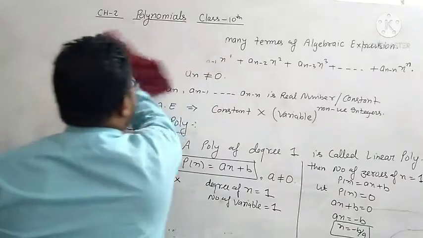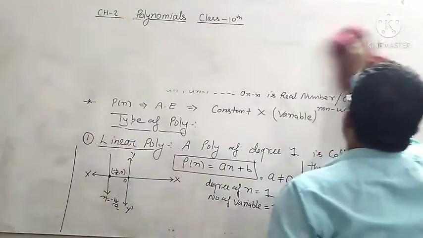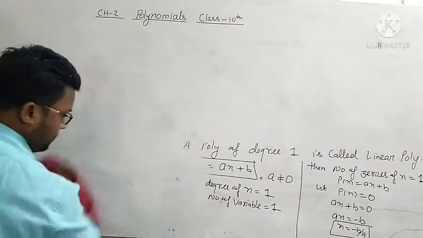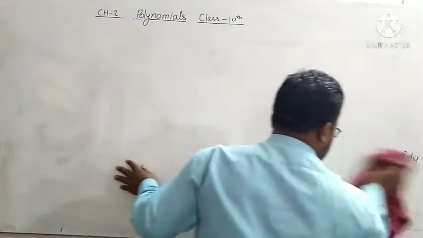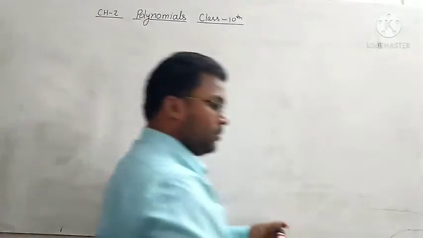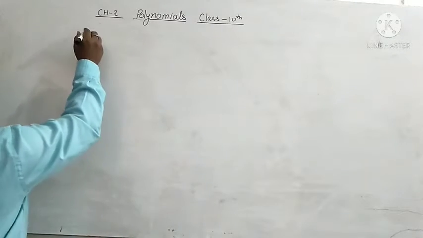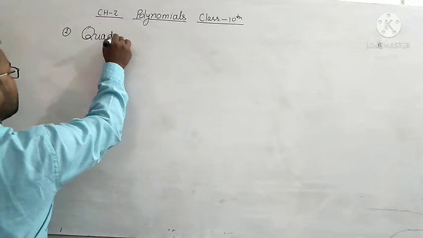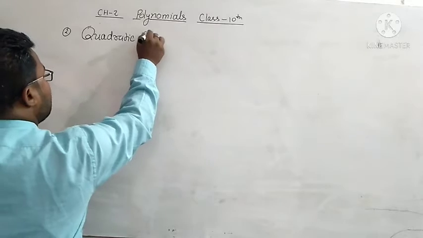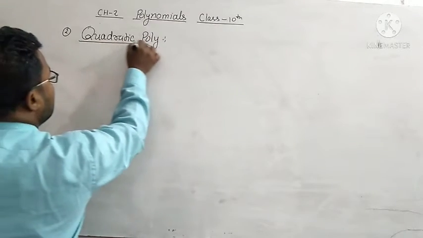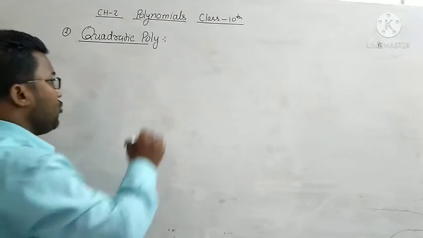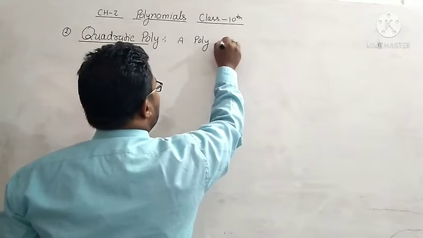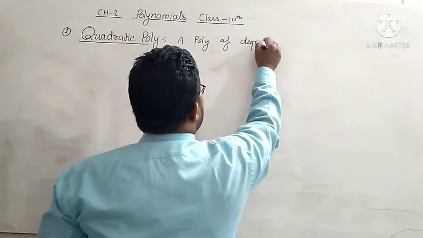Okay, start the next topic: quadratic polynomials. Discuss quadratic polynomial, number 2. A quadratic polynomial means a polynomial of degree 2.